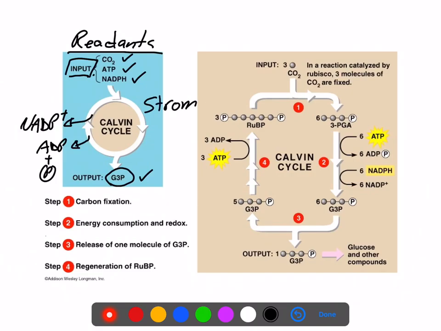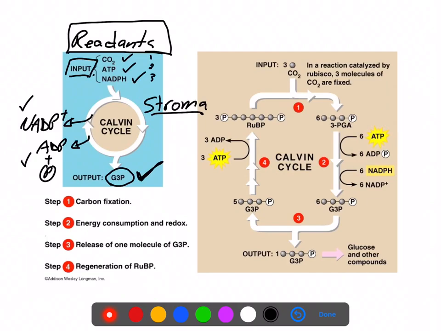So I need you to know where the Calvin cycle takes place. That's in the stroma of the chloroplast. I need you to know what the reactants are, CO2, ATP, and NADPH. And I need you to know what the products are. The products are, again, G3P, ADP with phosphate, and NADP plus.